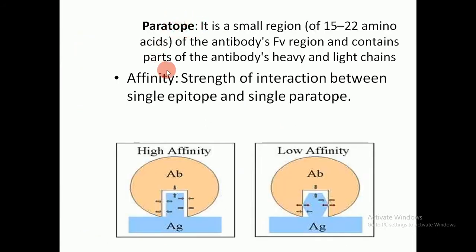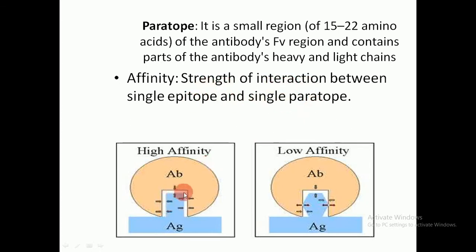And this is called the paratope, which is a small region of about 15 to 22 amino acids of the antibody's fragment variable region and contains parts of the antibody's heavy and light chains. And the affinity is the strength of the interaction between a single epitope and a single paratope.